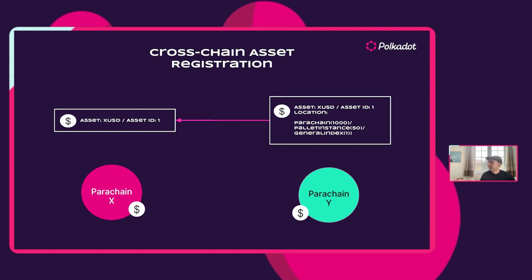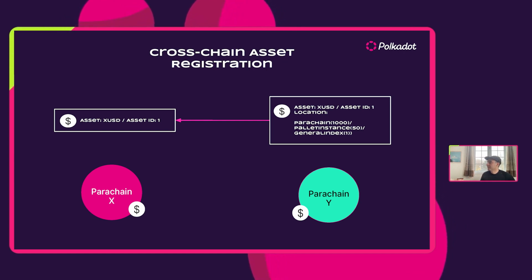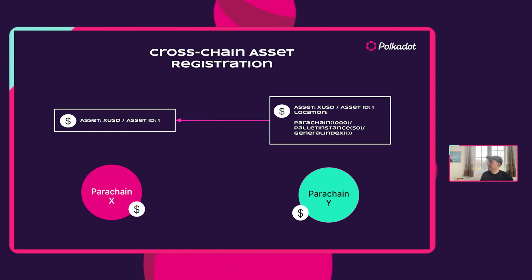You can see there's parachain X on the left and parachain Y. Parachain X has an asset called XUSD, and parachain Y is going to register XUSD from parachain X on parachain Y. The thing here is that you're noting the parachain IDs and the pallet instance, right?